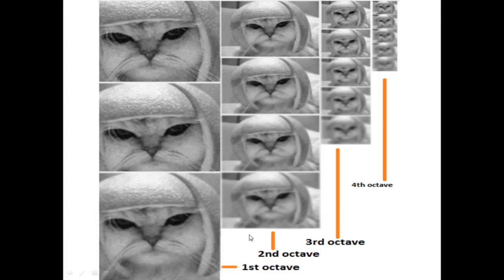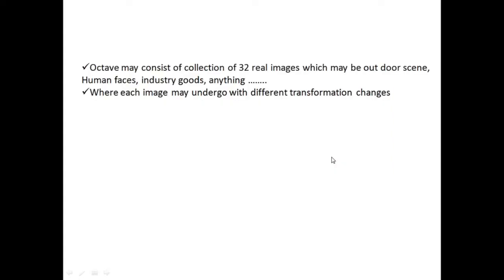By seeing the slide you can observe that the image size in the second octave is half that of the first octave, the third octave image size is half that of the second, and the fourth octave image size is half that of the third.